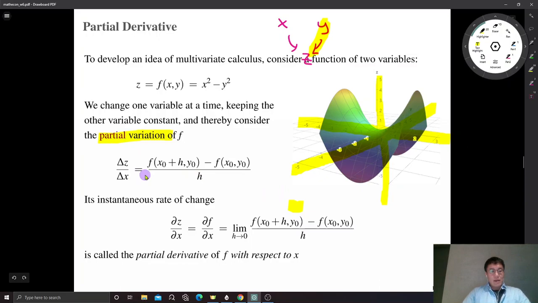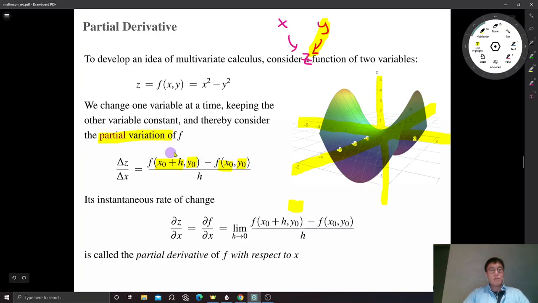This partial variation can be expressed as follows. Now the y component is fixed by some constant y naught. It does not change at all. We only increase x by h, from x naught to x naught plus h. That is the partial variation of function f in response to a change in x.